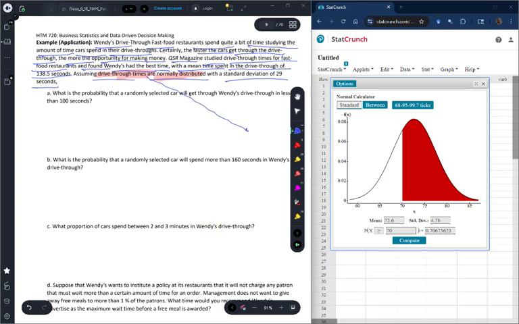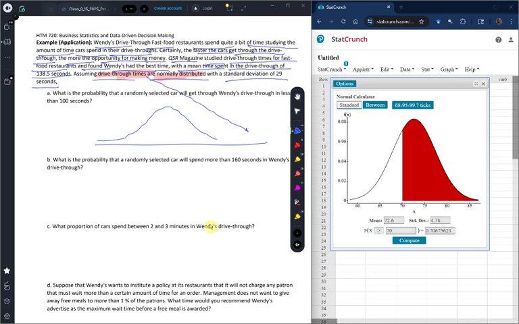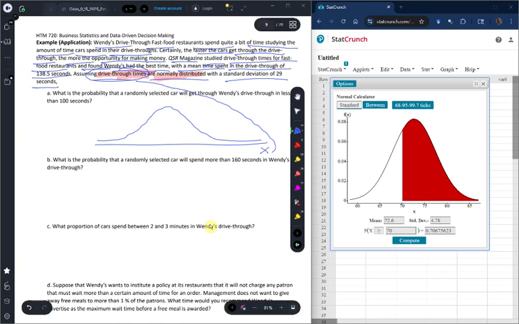So if I were to draw that, I'll sketch a normal probability curve. My x variable here represents the drive-through times. Since they are normally distributed, I'm interested in the parameters. The mean time is 138.5 seconds.